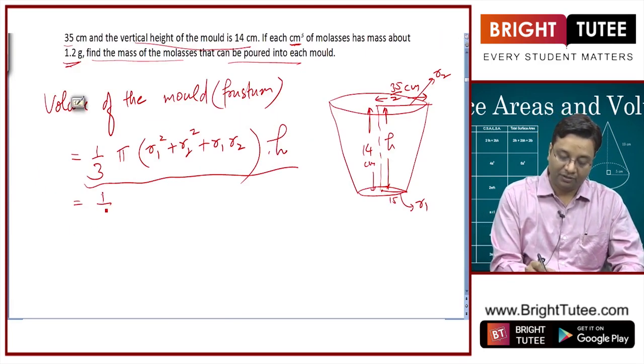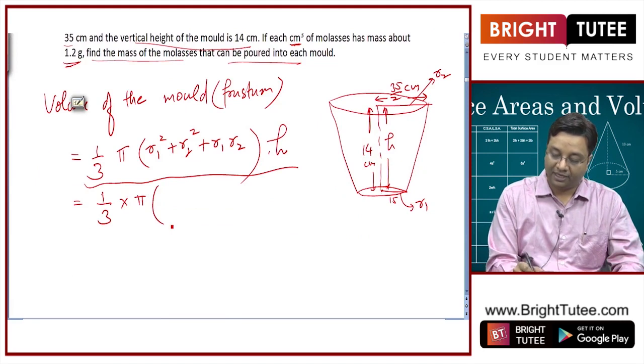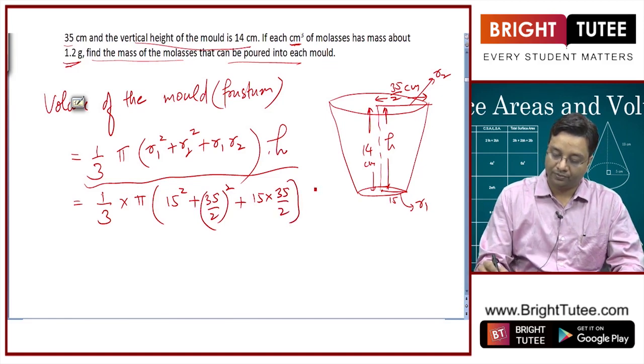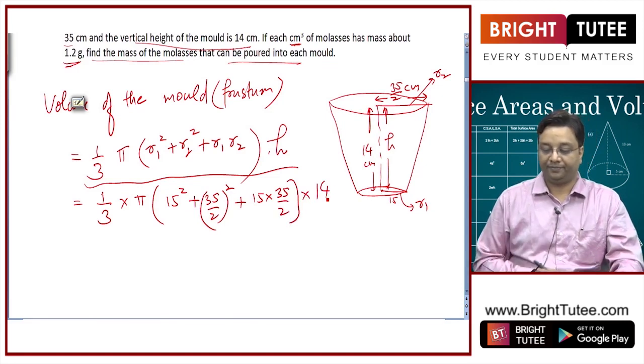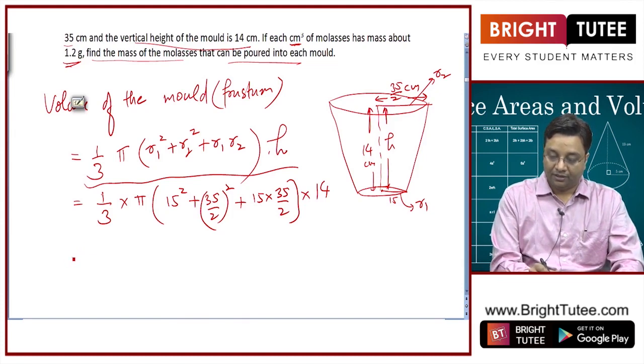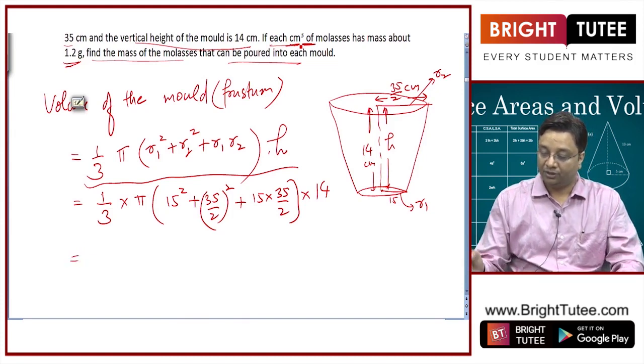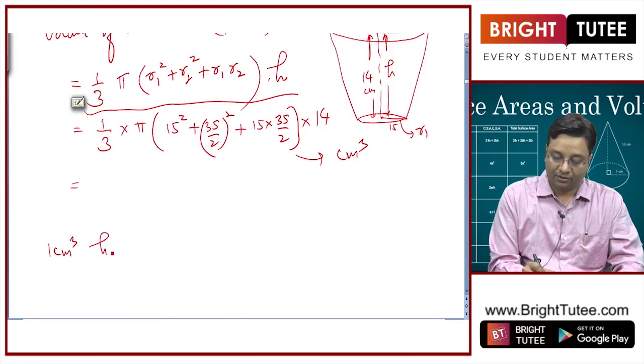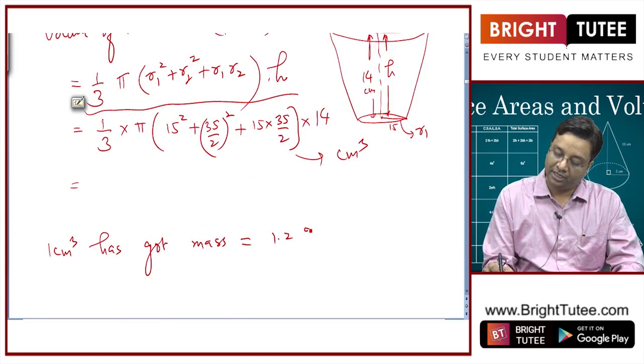So let's write the dimensions, 1 by 3 pi R1 square, so it is 15 square plus R2 square, 35 by 2 squared plus R1 into R2, 15 into 35 by 2 into height, which is 14. Okay. Each centimeter cube, so this volume is in centimeter cubes. Okay. 1 centimeter cube has got mass equal to 1.2 grams.